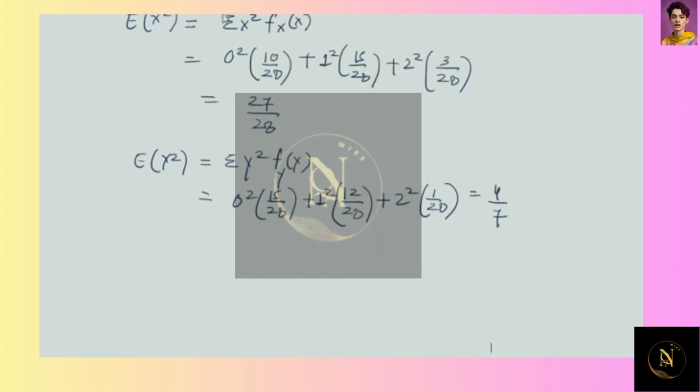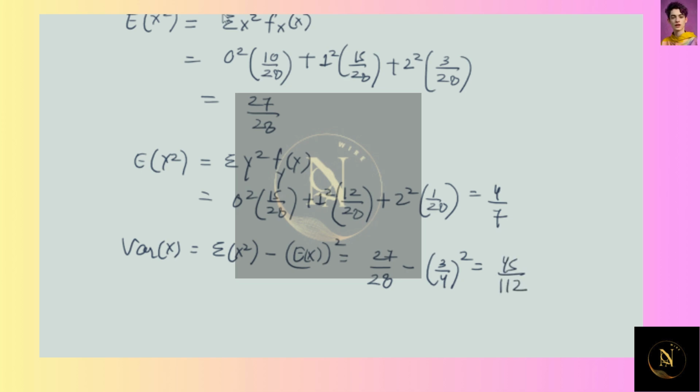Variance of x is basically equal to E of x square minus E of x whole square. We have found both of the things. Our E of x square was 27 by 28 minus our E of x was 3 by 4, so its square would be 3 by 4 whole square, and that would finally be equal to 45 by 112. This is our answer.